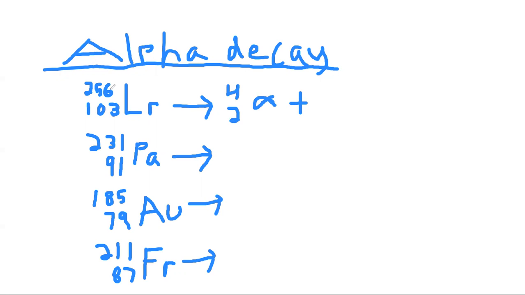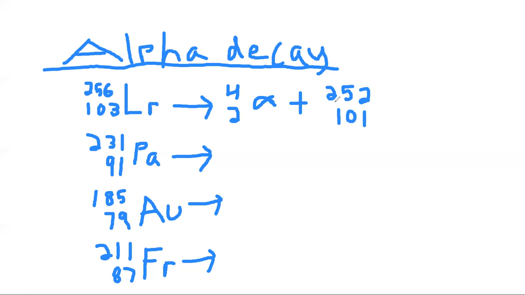So over on the left, we have a mass of 256 and an atomic number of 103. So in order for these to match on both sides, we would need to have a mass of 252 and an atomic number of 101. Because 252 plus 4 would give us the 256, and 101 plus 2 would give us the 103.